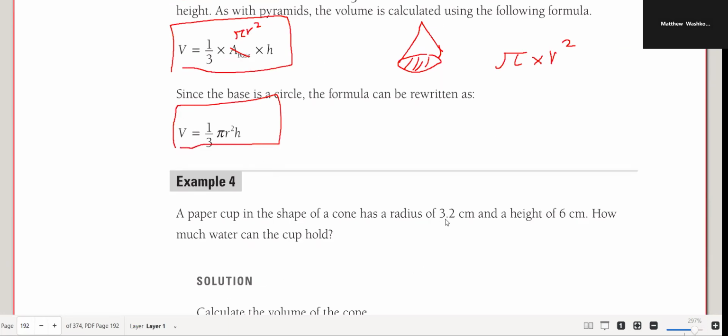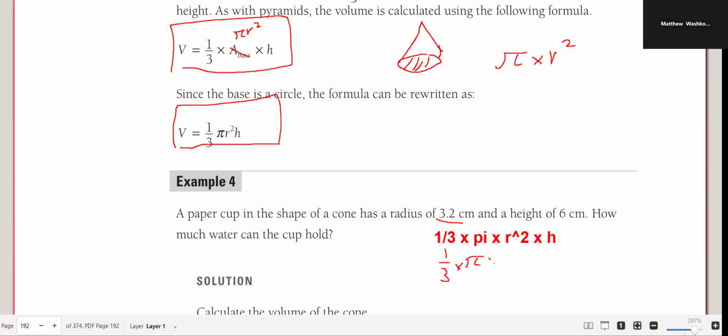So if I give you a cone with a radius of 3.2 and a height of 6, how much water can it hold? Well, it's 1 over 3 times pi times r squared times h, right? Just for the sake of space, I'm keeping it condensed.